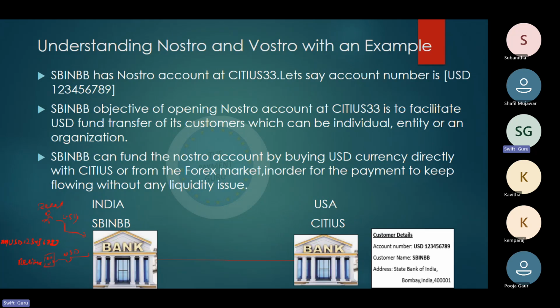You would have heard of it during the Russia and Ukraine war, like Russia's Nostro accounts were frozen in the US. So all their USD currency available in the USA was frozen. Somewhere around $300 billion was there in US banks, and they could not utilize it because they were sanctioned and frozen. So what is a Nostro account basically?